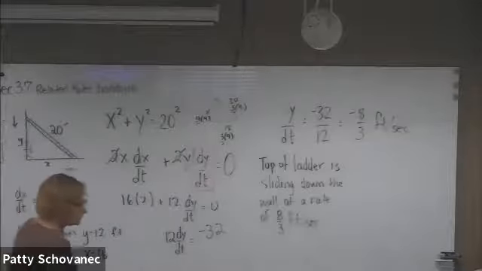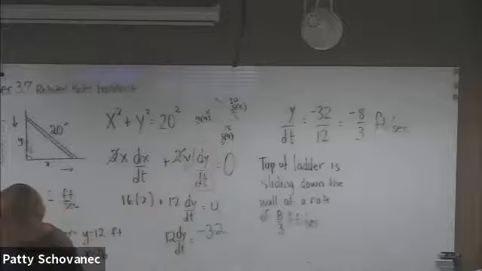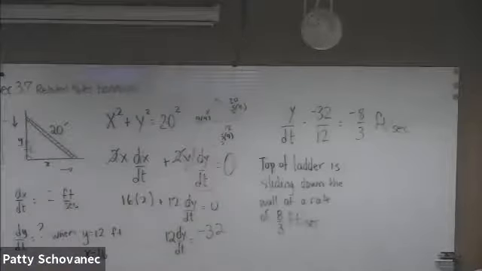Swap boards here, so let me rub that out, then I'll put my camera. So while I erase the board, see if you can draw a picture. Identify what's changing with a variable. Identify what's given in terms of your variables and the rates of change.